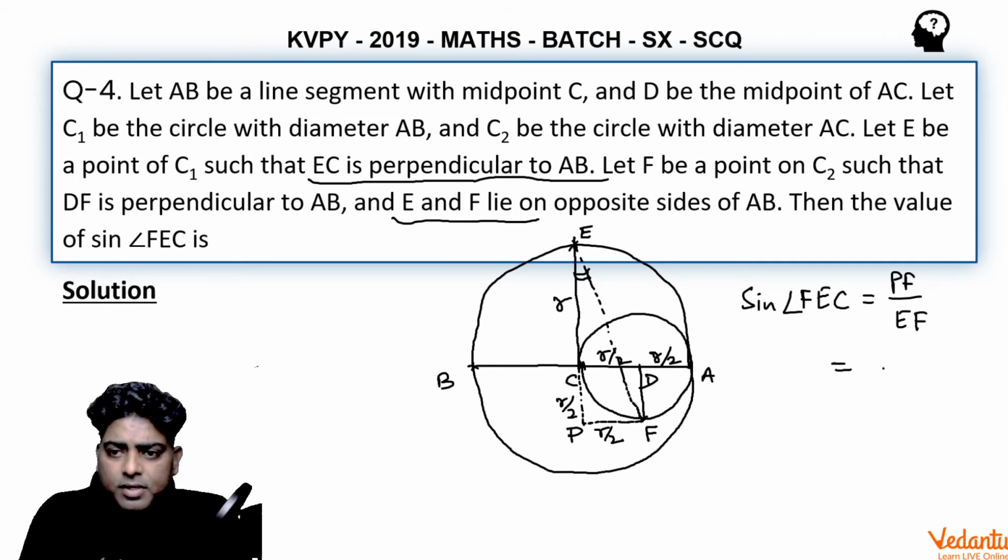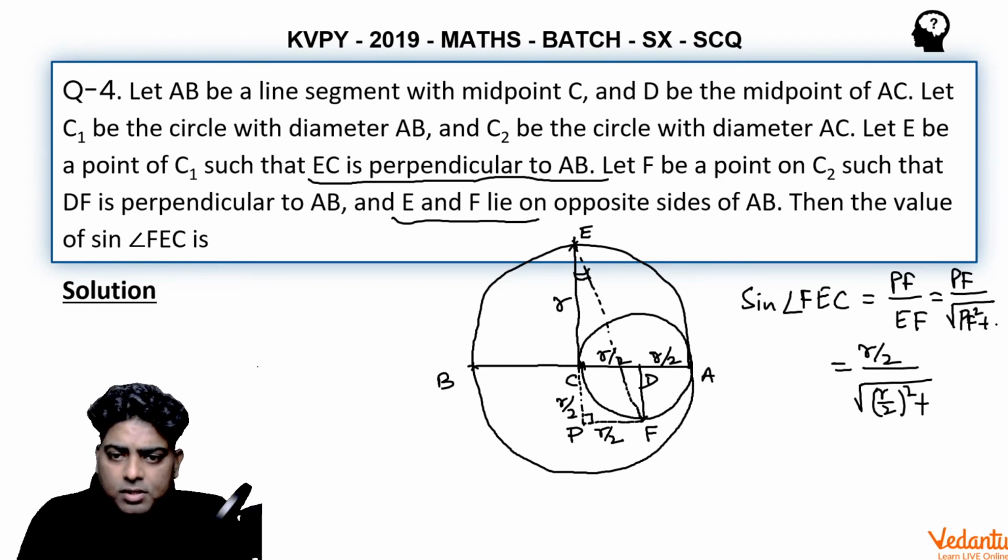So PF is R by 2. And what about EF? EF from the right angle triangle is under root of PF square plus EP square, isn't it? So EP is R plus R by 2, that is 3R by 2, whole square.